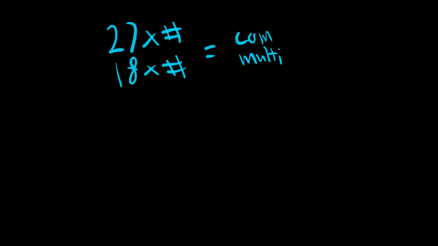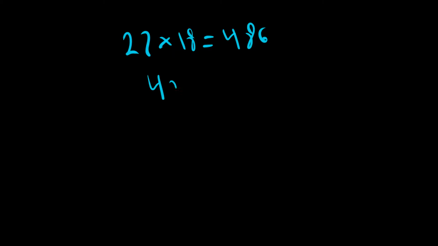One obvious example is if we take the two numbers that we try to compare and multiply them together. 27 times 18 is equal to 486.